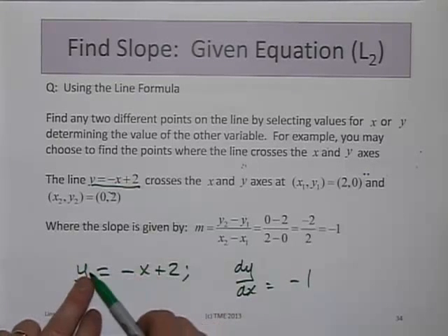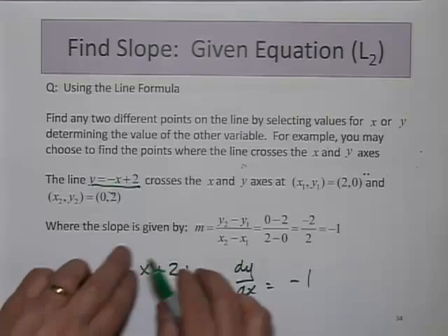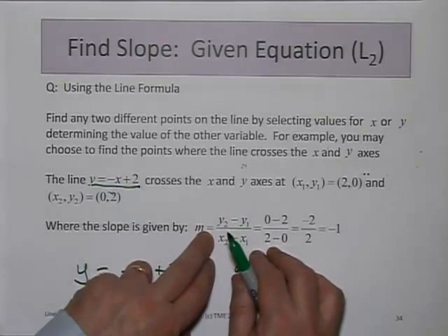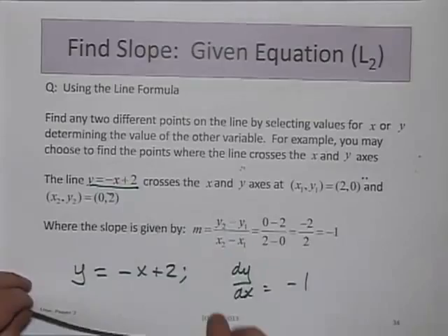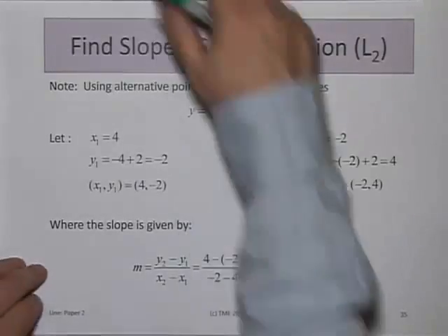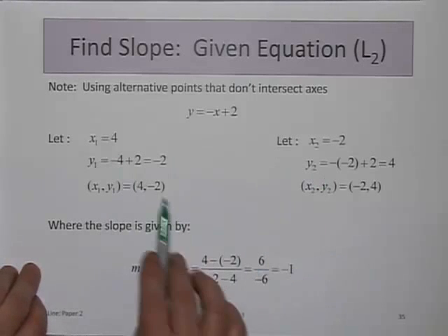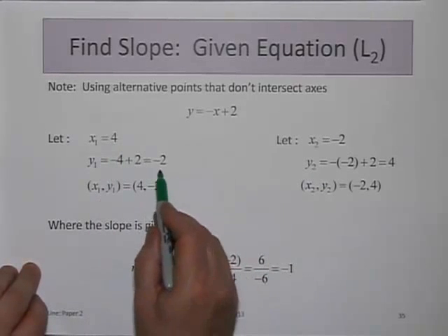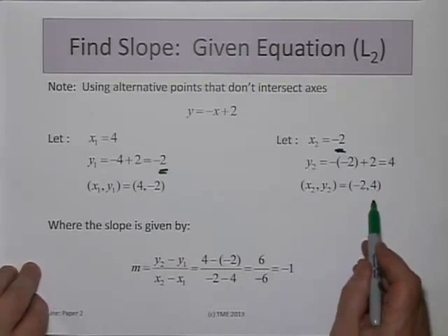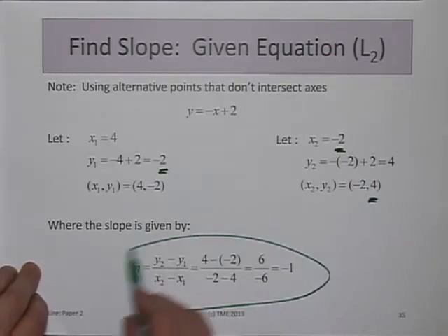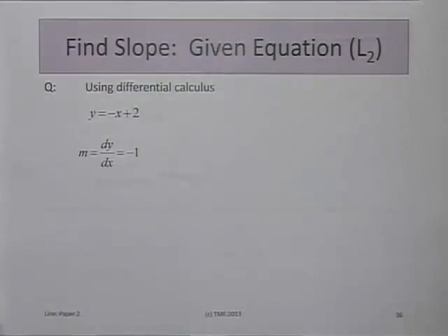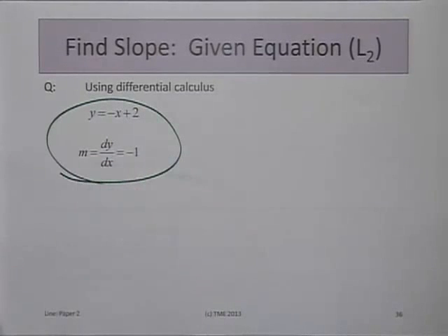When x is 2, what's y? Now I have 2 points. With 2 points, I can use my m equation. I get the same answer anyway. So I can solve it there using the points if I want. Picking the point when x is 4, y is minus 2. When x is minus 2, that's 4. Get the points and get my minus 1. Or I can do it through differential calculus in one line.